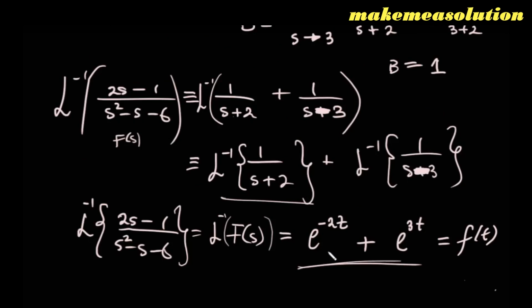You can use it to find the inverse, and I'm going to show us that in some future example, like the example we saw in the first video that I released on Laplace transform. I didn't use the cover-up method there, but I used the method of comparing coefficients. I call the method of comparing coefficients leap of faith.